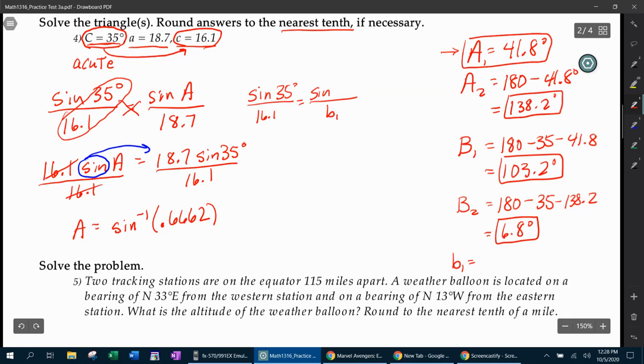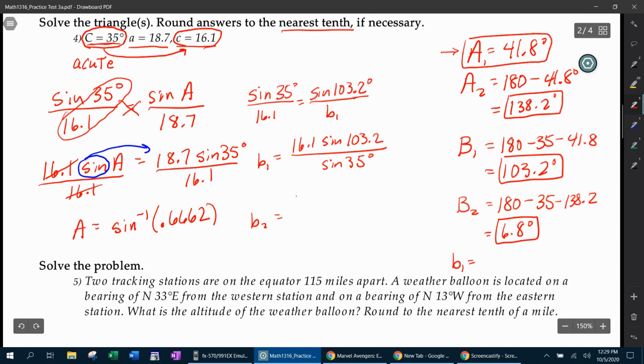We're looking for little b1, which means I need to use angle b1. And then we're going to cross multiply and divide. So b1 is going to be 16.1 sine of 103.2 divided by sine 35.